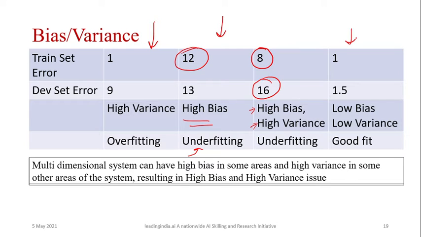Now let's look into the final case. Here your training set error is low and dev set error is also low. So you can say this is low bias and low variance, and this is the good fit that we are looking for. So in this way, we are able to understand when it is a bias problem and when it is a variance problem, or you can say when your model is overfit and when it is underfit.